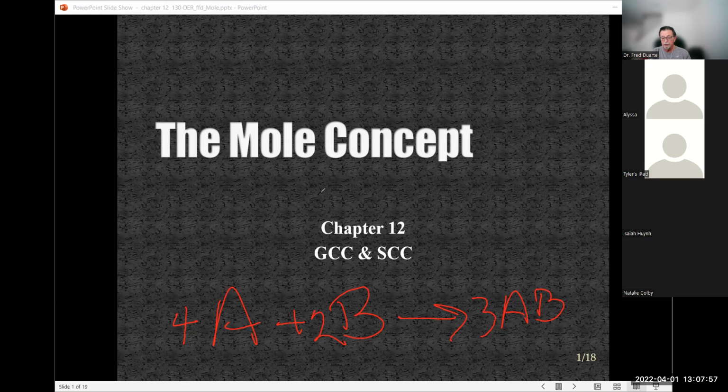Those coefficients also tell us the relationship between reactants, meaning here, I stated that tells me that I need 4 A's for every 2 B's, okay? And with respect to the A's, the relationship between the A's and AB is a 4-to-3. So when I start with 4 A's and a sufficient amount of B, I'm going to make 3 ABs, okay? And the same relationship is similar between B and AB, which is a 2-to-3.